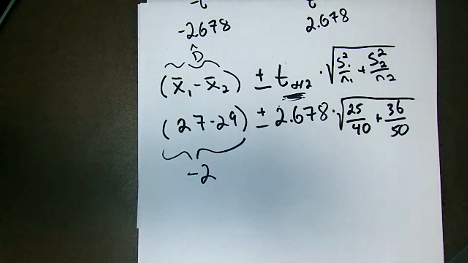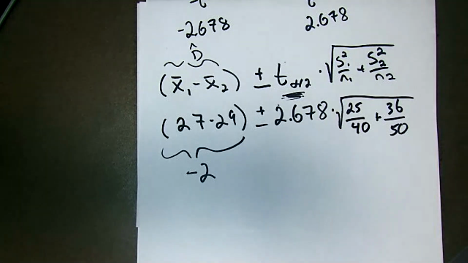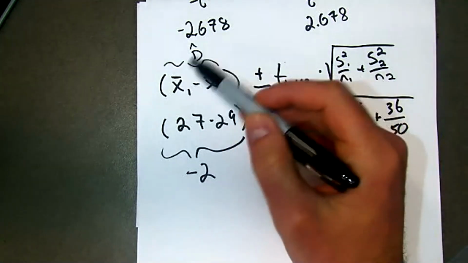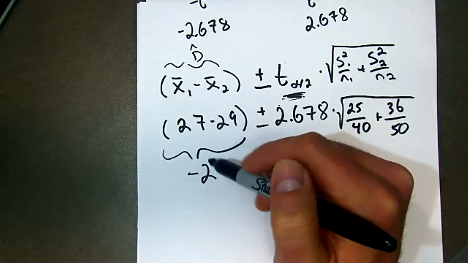Got someone in the chat. Do you always do alpha over 2? So when we're building confidence intervals, we're always taking alpha over 2, right? Because with our confidence intervals, we're not making directional statements, right? We're just saying what could be the true value of this difference that I'm interested in. What's the true population difference based off the sample evidence I found, right?